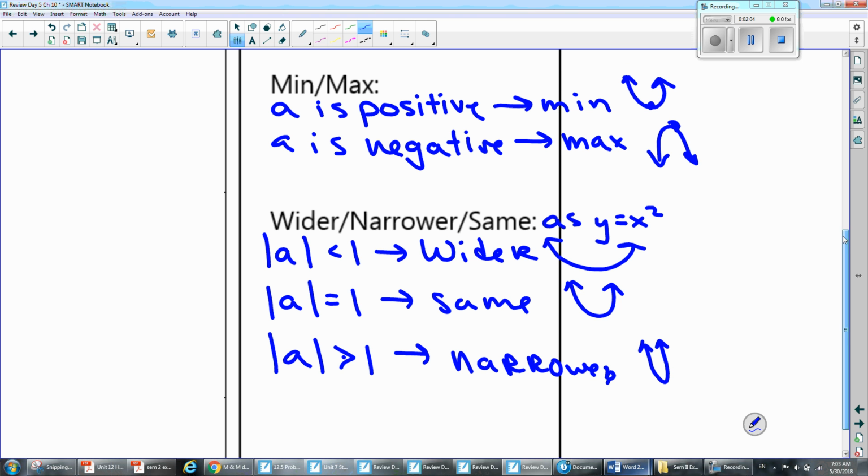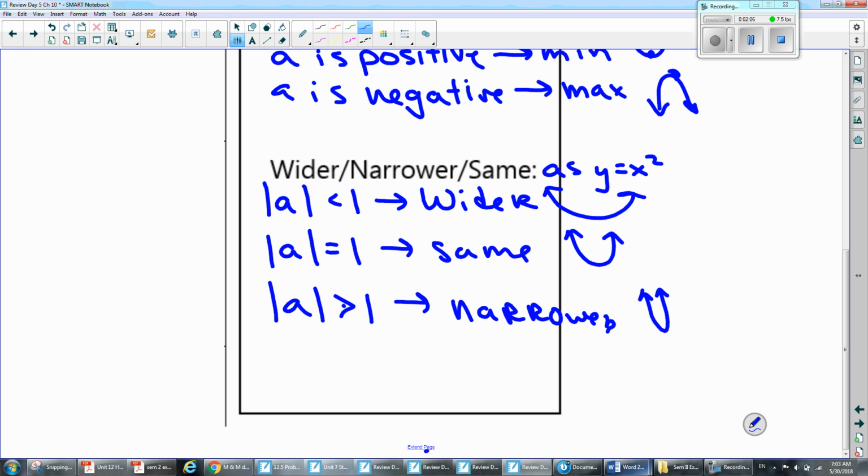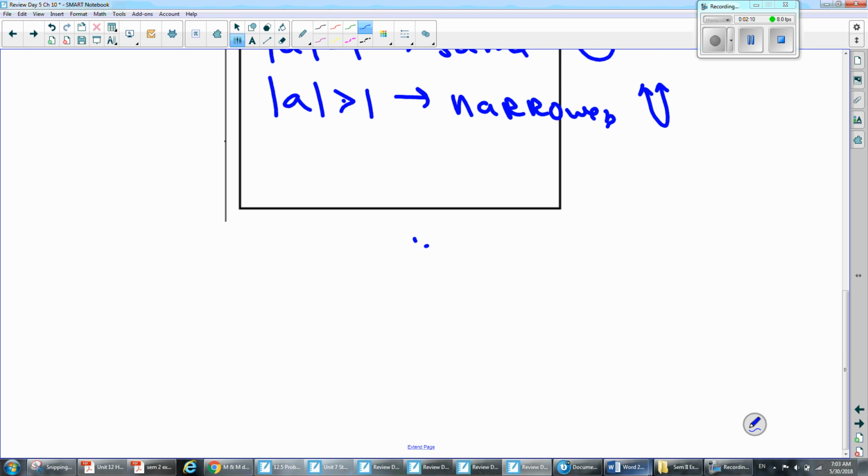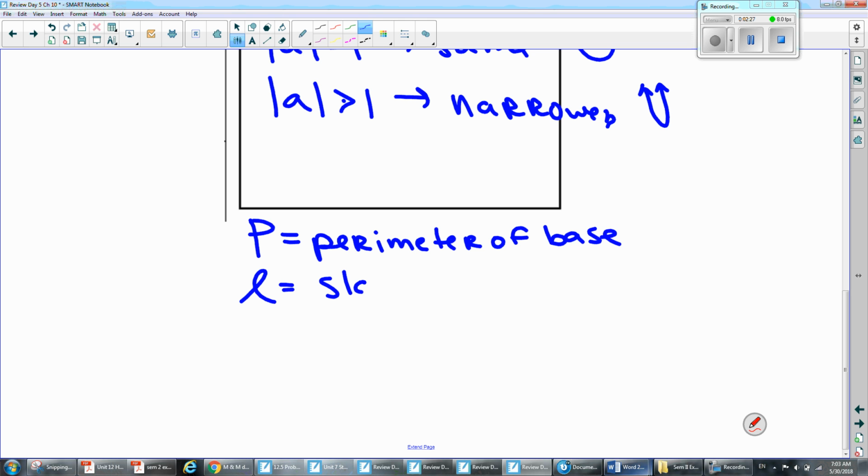Underneath this table, where you have room on your sheet, I want you to add a couple key letters that'll be in our formulas that we'll write down in a second. So you're going to see a capital P. This is standing for the perimeter of the base. That cursive L is a special part of our 3D figures.